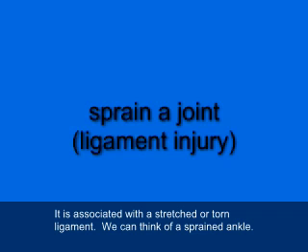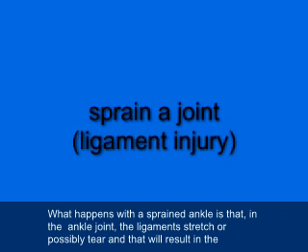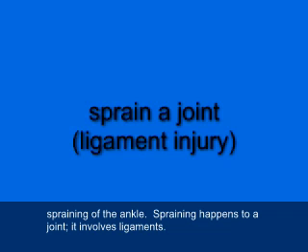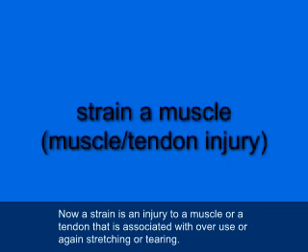We can think of a sprained ankle. What happens with a sprained ankle is in that ankle joint there, the ligaments will stretch or possibly tear, and that will result in the spraining of the ankle. So spraining happens to a joint and involves ligaments. Now a strain is an injury to a muscle or a tendon that's associated with overuse or again stretching or tearing.